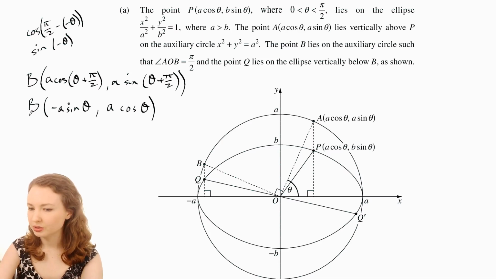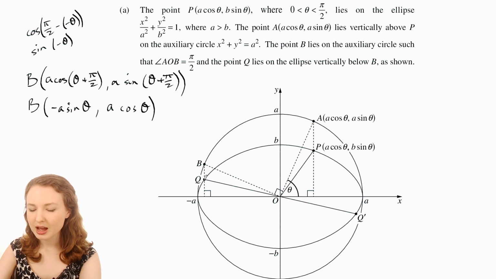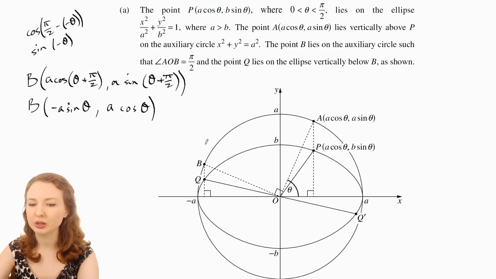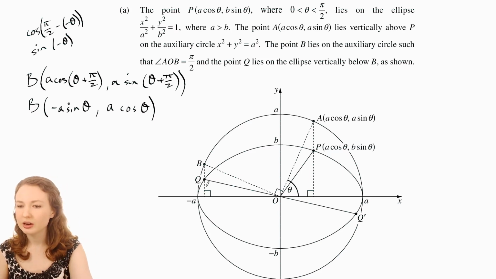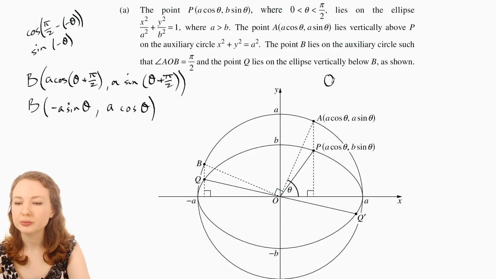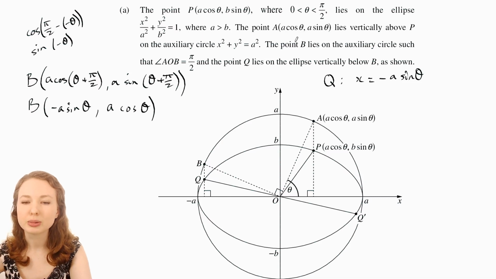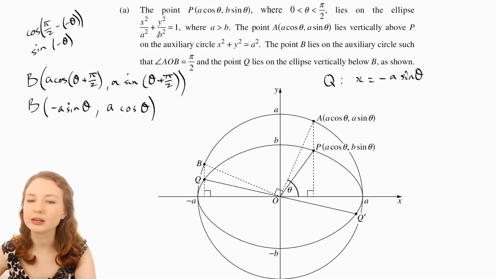Okay, so we get to the coordinates of B, and then the x-coordinate of B and Q is the same, because Q is just directly below B. So we can say at Q, we've got x is negative A sine theta, and then we can plug that into this formula for the ellipse.